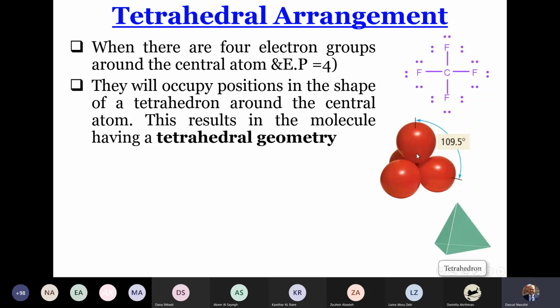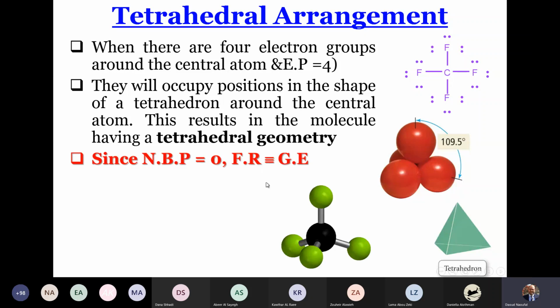So the best structure is to have 4 balloons around the central atom in tetrahedral form. So the figure of repulsion for any central atom having EP equal 4 is tetrahedral. And since we don't have a non-bonding pair around the carbon, the geometry is the same as the figure of repulsion, and we draw the structure this way.